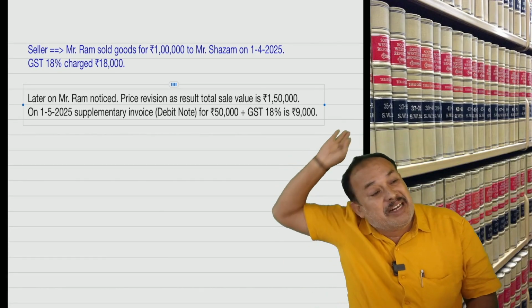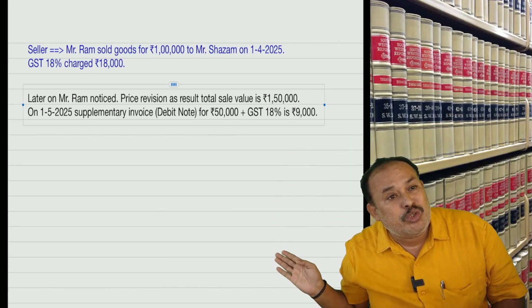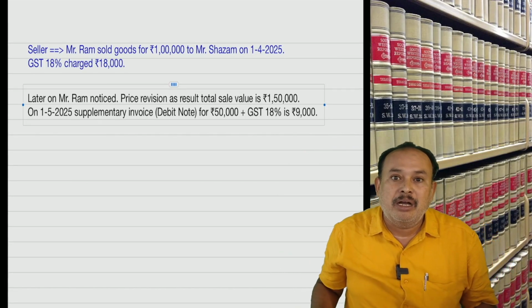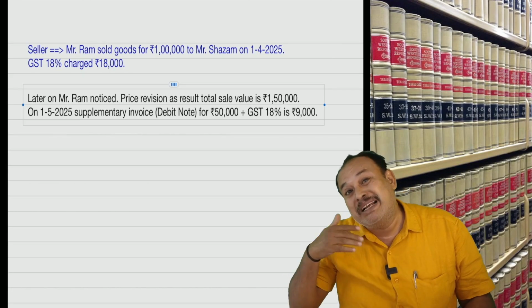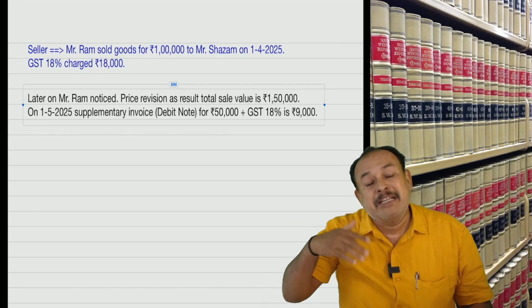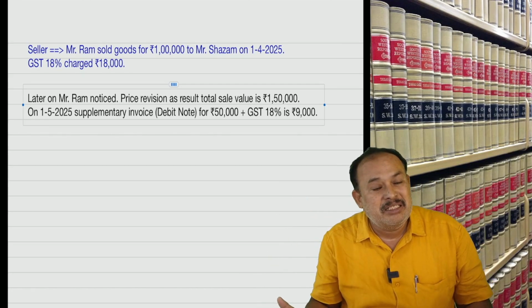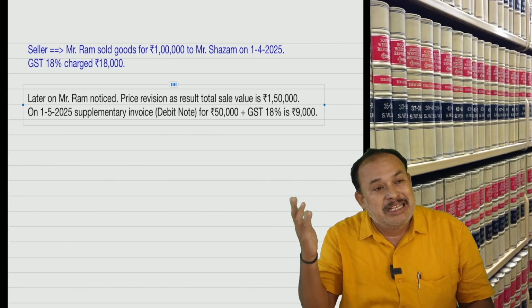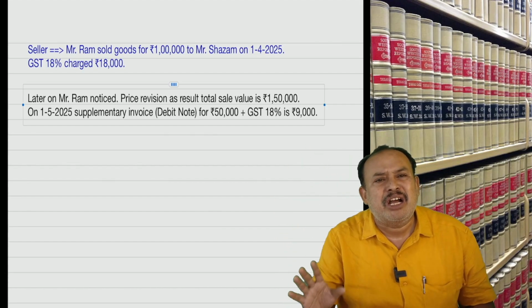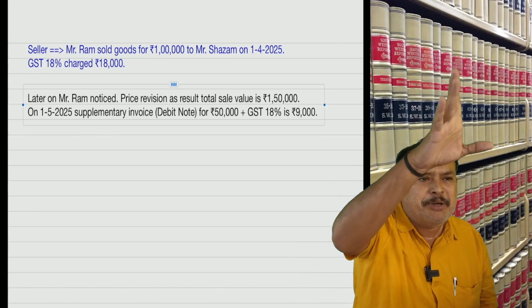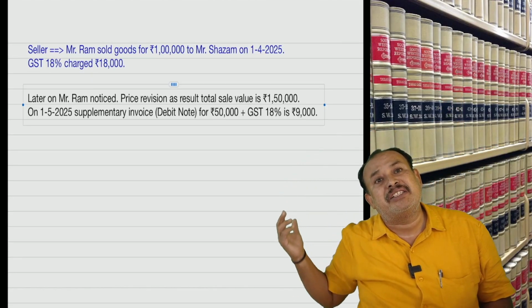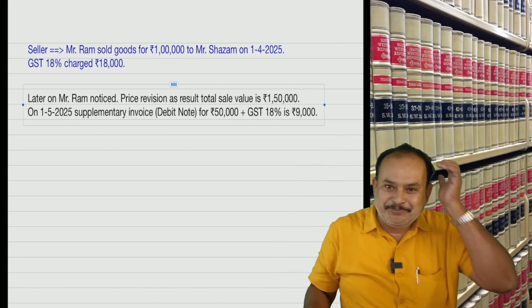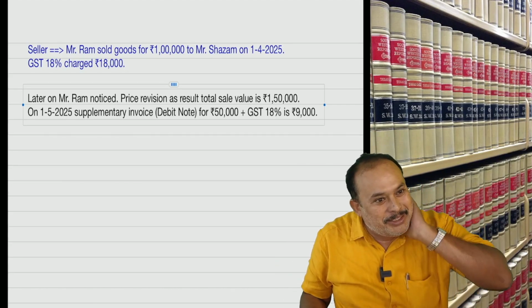In the next financial year 2026-27, he noticed it. In that case, can he issue that revised price debit note, namely a supplementary invoice? In short, technically called a debit note. Can he issue it in the subsequent financial year? A question mark.